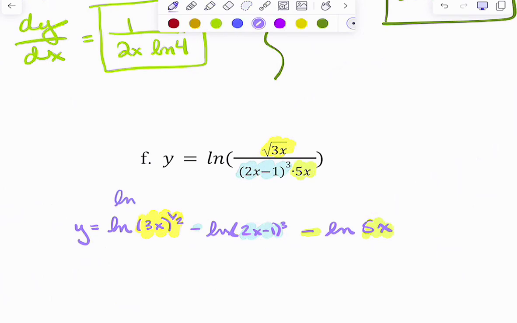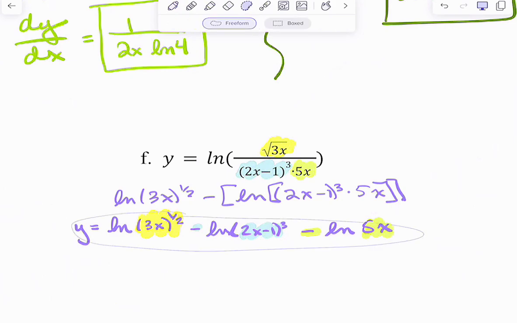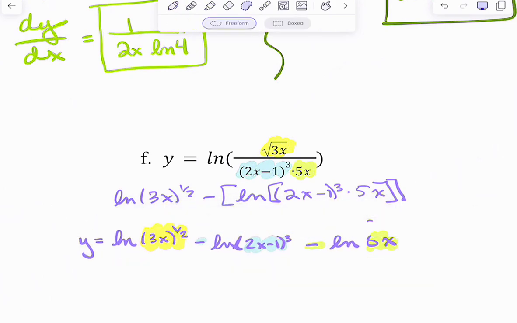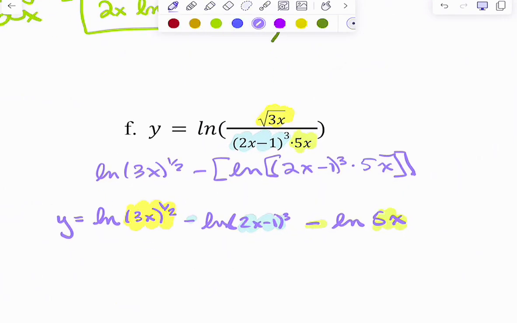Because isn't the rule that if you want to multiply what's inside, you have to add them together? So what's the rule for natural log if two things are being multiplied? You can split them by addition. The only tricky part now is that when I split them by addition, now I'm going to have to distribute the negative.